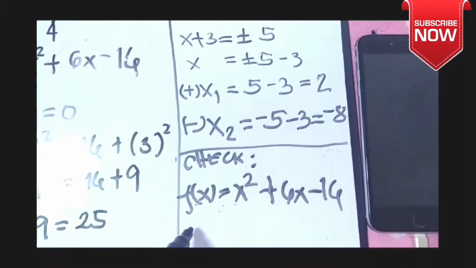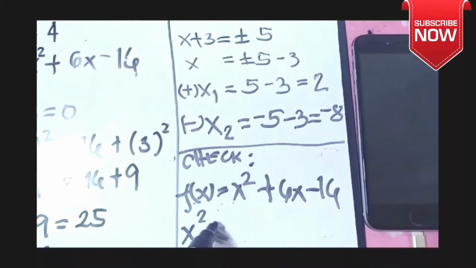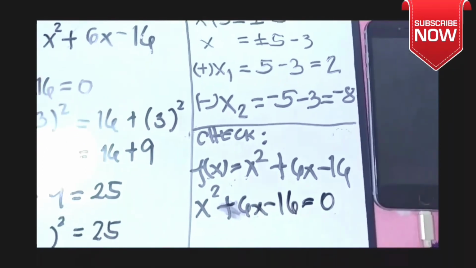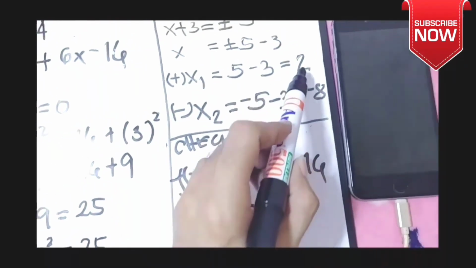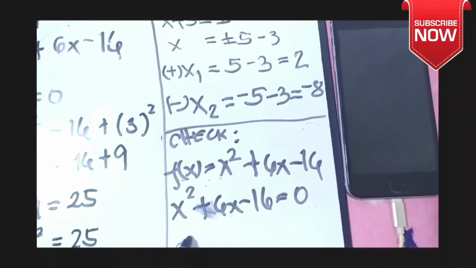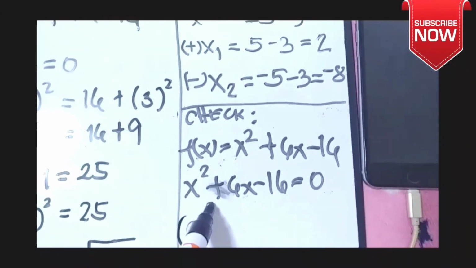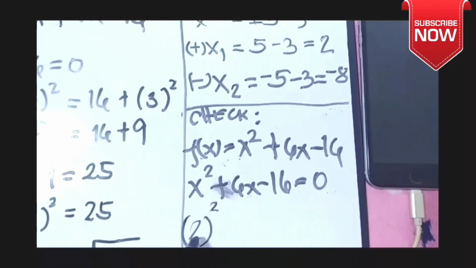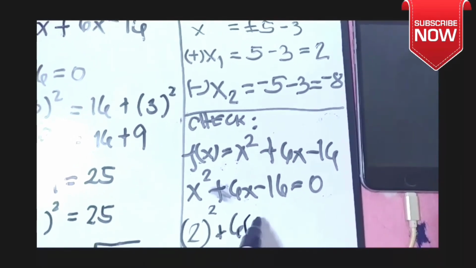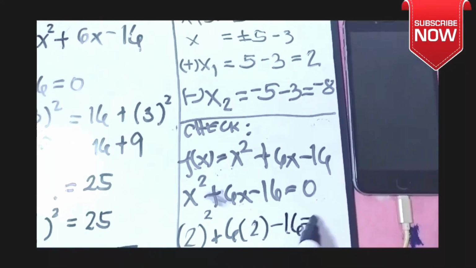Now, we will let f of x is equal to 0, so x squared plus 6x minus 16 equals 0. Bale, considering the first value of x, that is positive 2, so isa-substitute natin yung 2 sa lahat ng variables na x. So, 2 squared, that is x squared, plus 6 times 2 minus 16 equals 0.